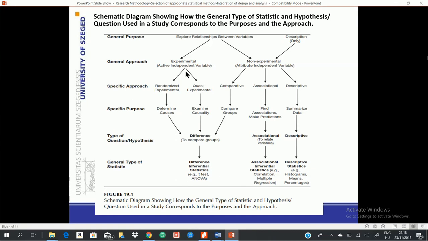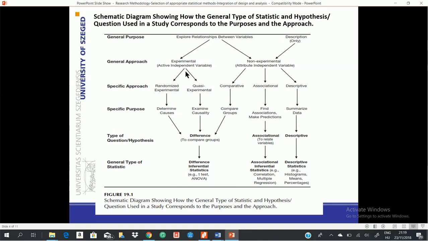The general type of statistic means the kind of test. For difference or comparing groups, you can do t-test, ANOVA, Mann-Whitney, Wilcoxon, and others. For associational inferential statistics, you can use correlation, multiple regression, and the like.